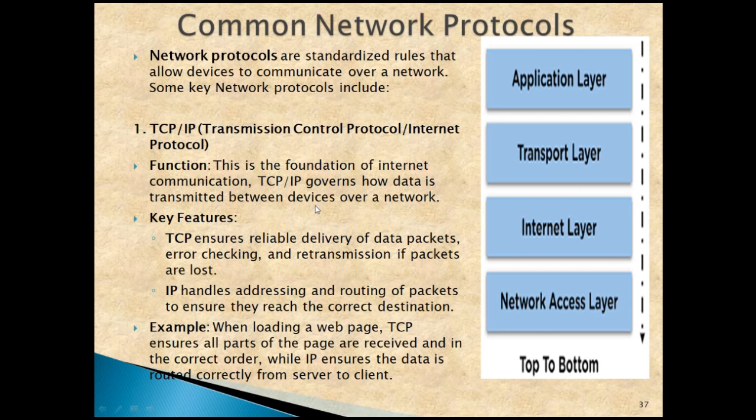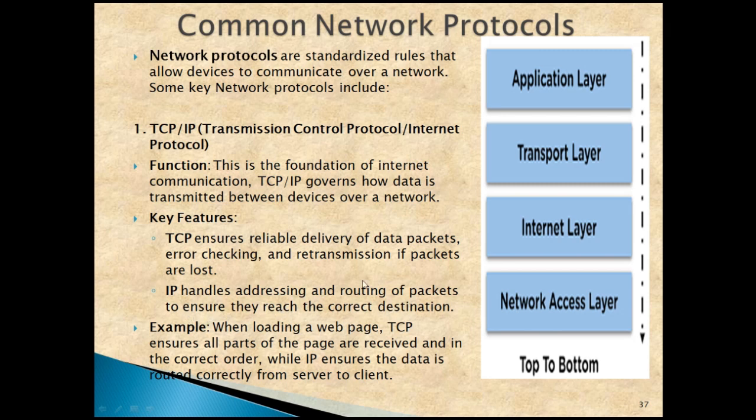Key features: TCP, the Transmission Control Protocol, ensures reliable delivery of packets, error checking, and retransmission if packets are lost. That means TCP controls the movement and delivery of data, while IP handles addressing, where the data is going to, the exact location and routing of packets to ensure that they reach their correct destination.